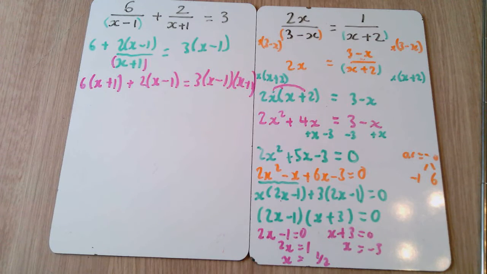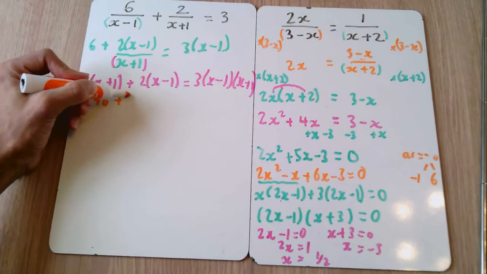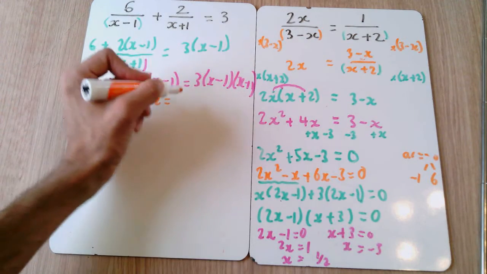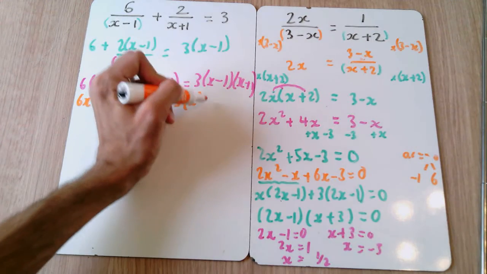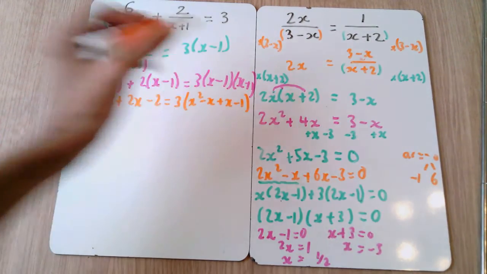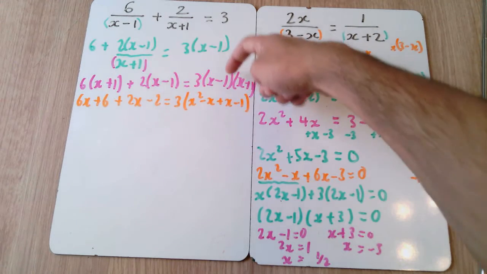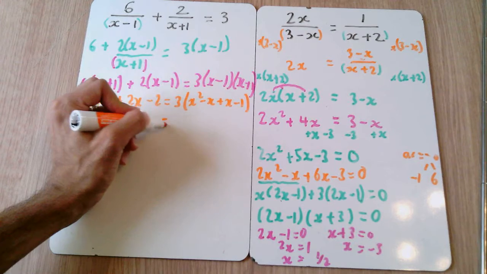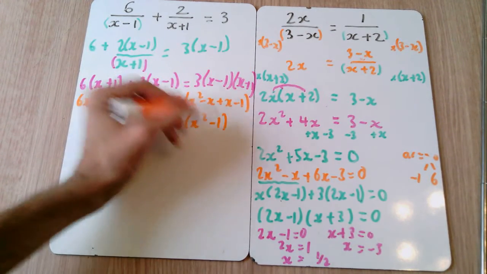If we expand our brackets, we get 6x + 6 + 2x - 2 is equal to, if we expand the double brackets first, 3(x squared - x + x - 1). And we can see actually here, this -x + x is going to cancel out because this is the difference of two squares. That means over here, I'm going to have 3(x squared - 1).